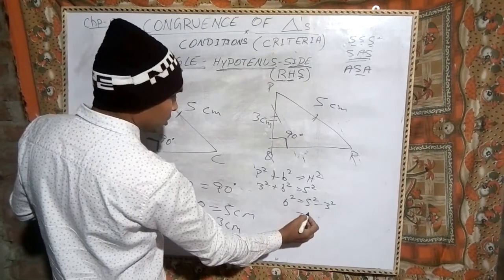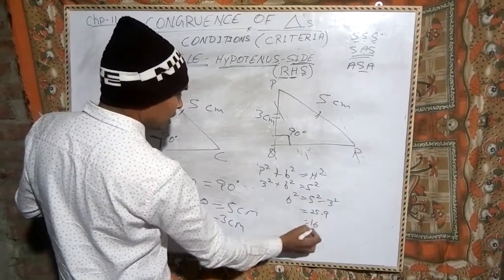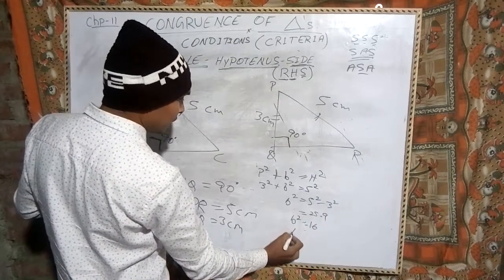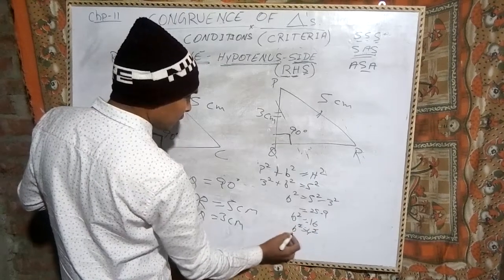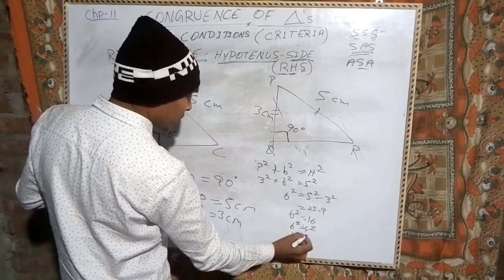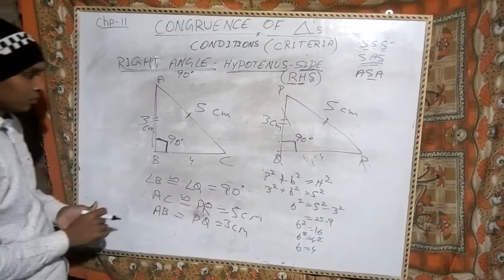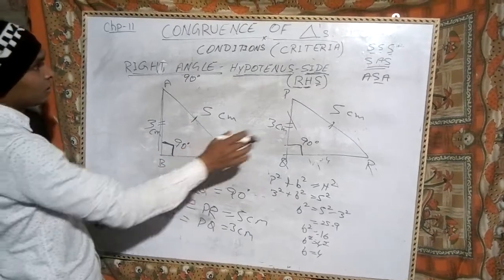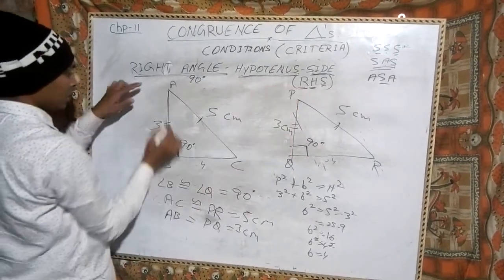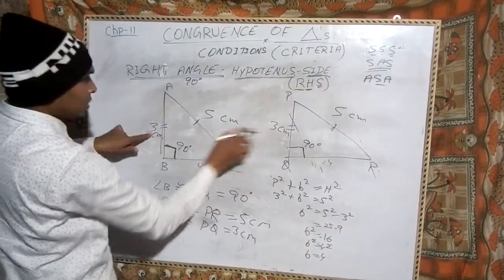So 25 minus 9 is 16, which means B square is 16, B square equals 4 square, and B equals 4, which means this is also 4, and this is also 4. Proved. So this is the criteria for RHS: right angle, hypotenuse and side.